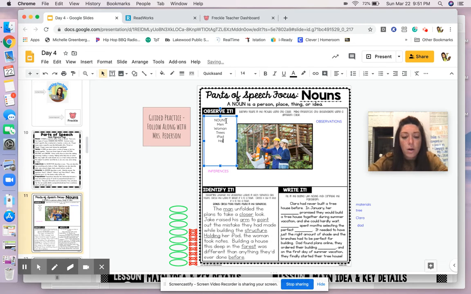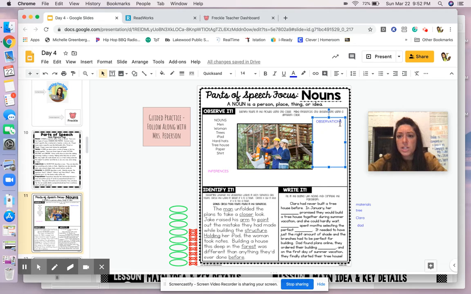I see hard hats. I see, it looks like maybe a tree house. Paper. Okay, and then I see a shirt. I think that's it, right? I'm sure there's other stuff there, but that's good enough for now.